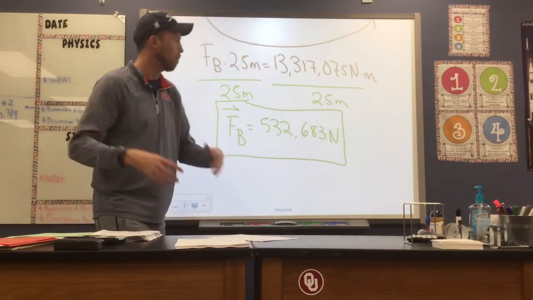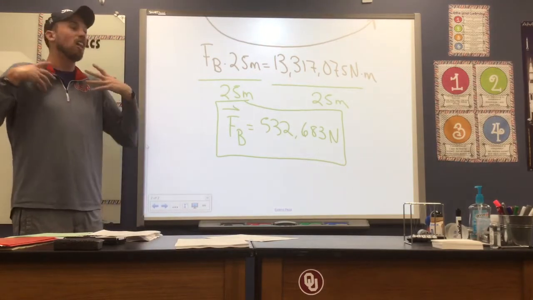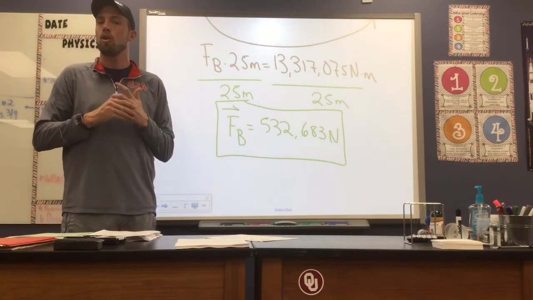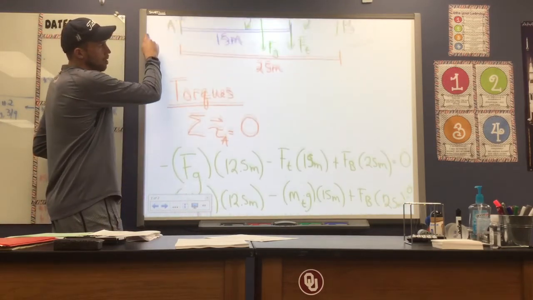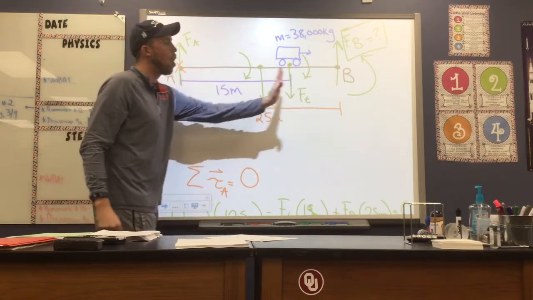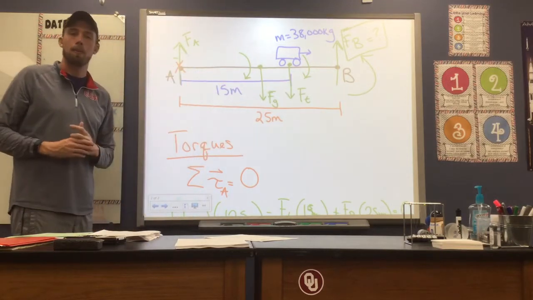Now, again, as I've said before, there are a lot of steps required in order to solve this problem. So just to review what we did. We took our picture, and we drew out all the forces that were acting on our bridge.